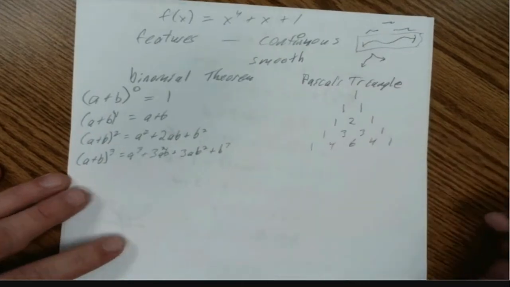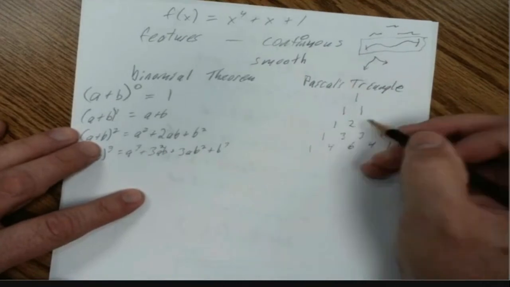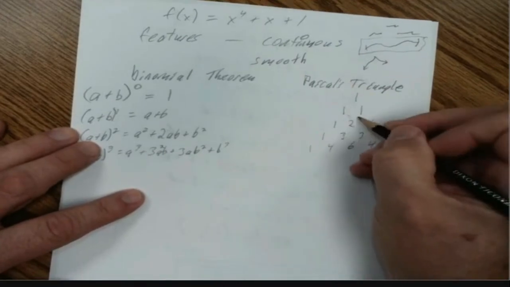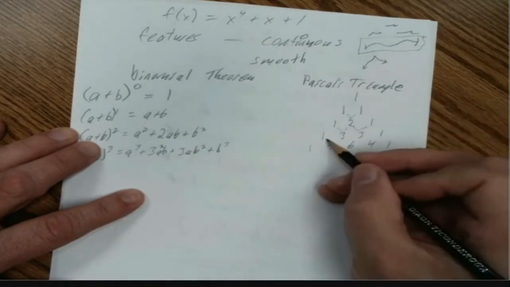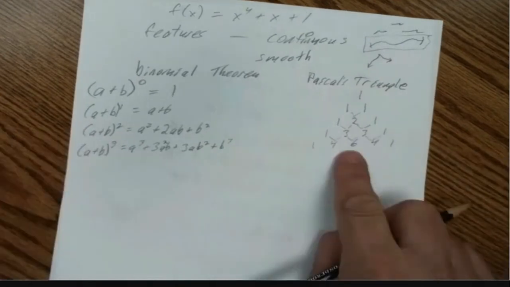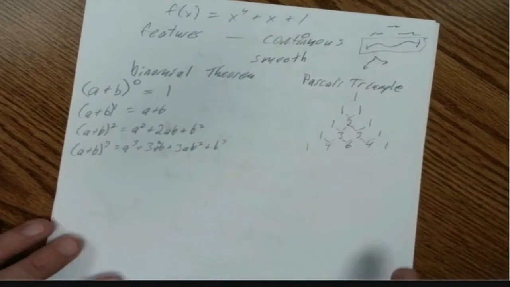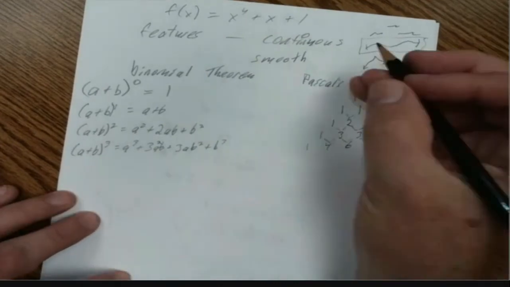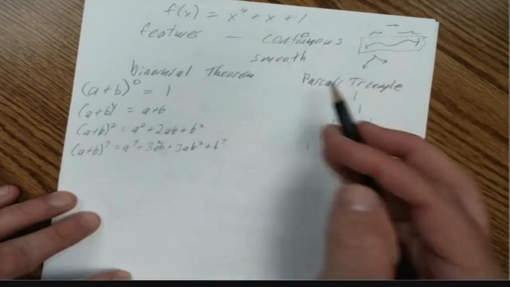And we can continue this because each row is made up by, you put a 1 up front, you put a 1 at the end, and then the middle ones are adding those two together. 1 plus 2 is 3, 2 plus 1 is 3, 1 plus 3 is 4, 3 plus 3 is 6, 3 plus 1 is 4. And we can continue and add more rows and add more rows. But what this tells us is this is the pattern. When we have a plus b to the 0 power, it's going to equal 1.